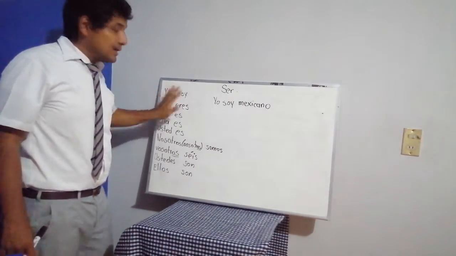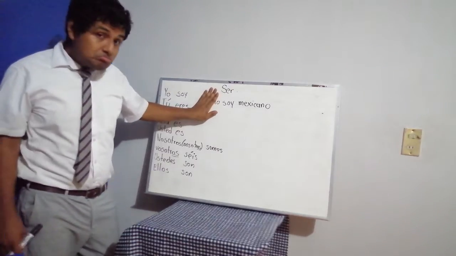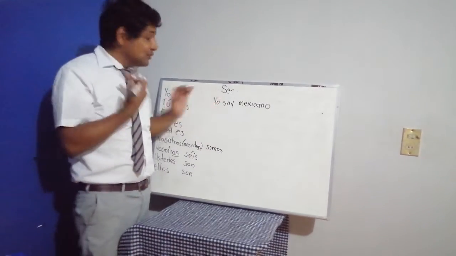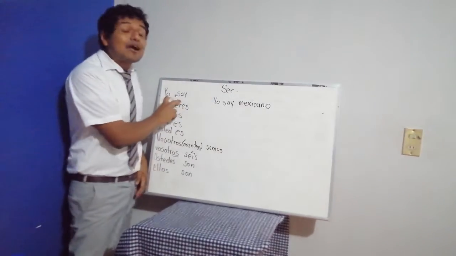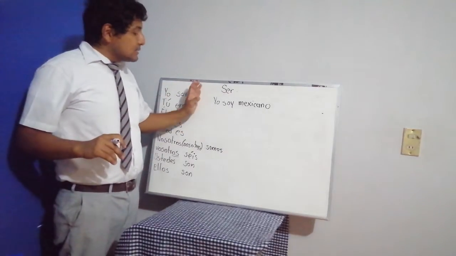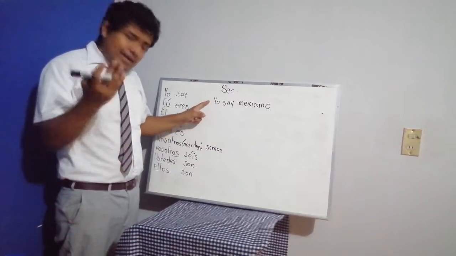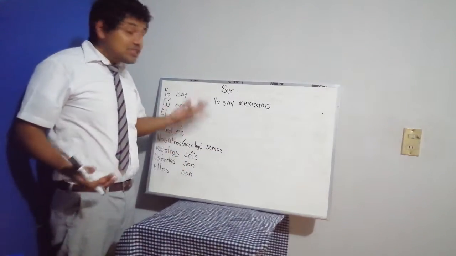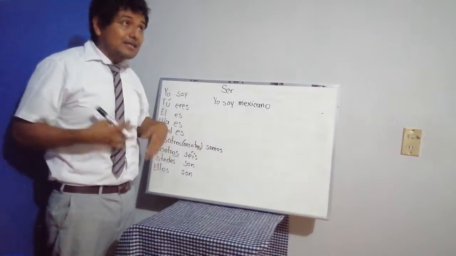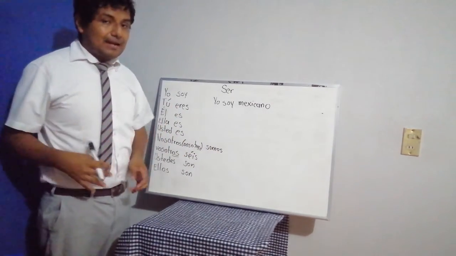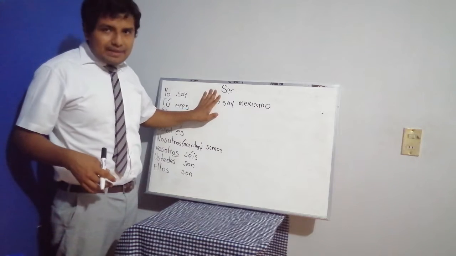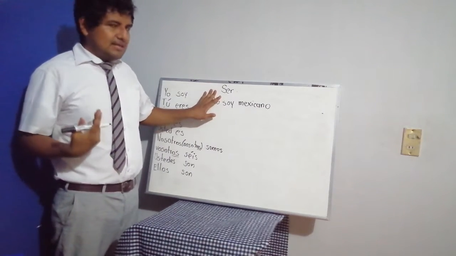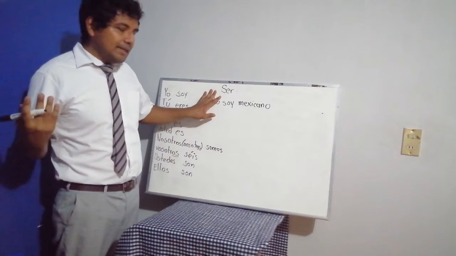For example, if you say soy mexicano, it's understandable because I'm talking about yo. But you can use yo to highlight, to emphasize something. Yo soy mexicano, like to say, I am Mexican. Because if you say soy mexicano, it's like saying in English the contraction, I'm Mexican. You know what I mean?